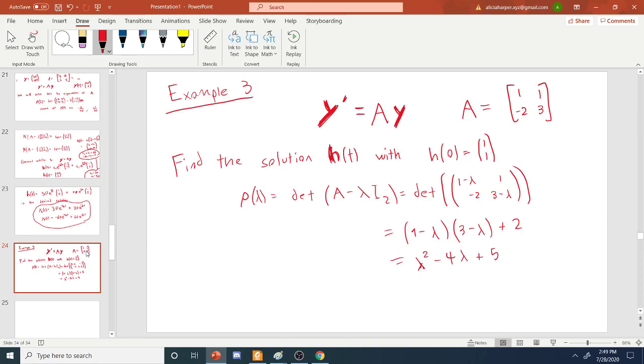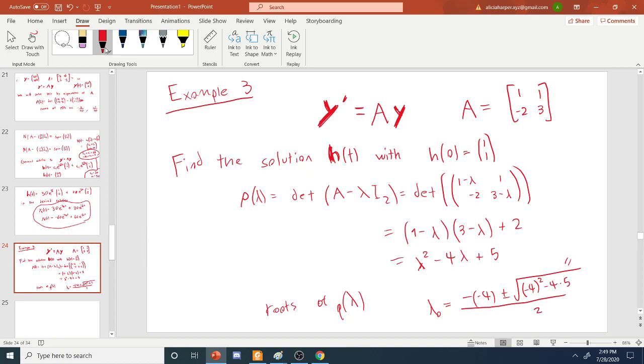Now, the roots of p lambda can be figured out by the quadratic formula. So this is going to be equal to minus negative 4 plus minus the square root of negative 4 squared minus 4ac, so 4 times 5, all divided by 2.